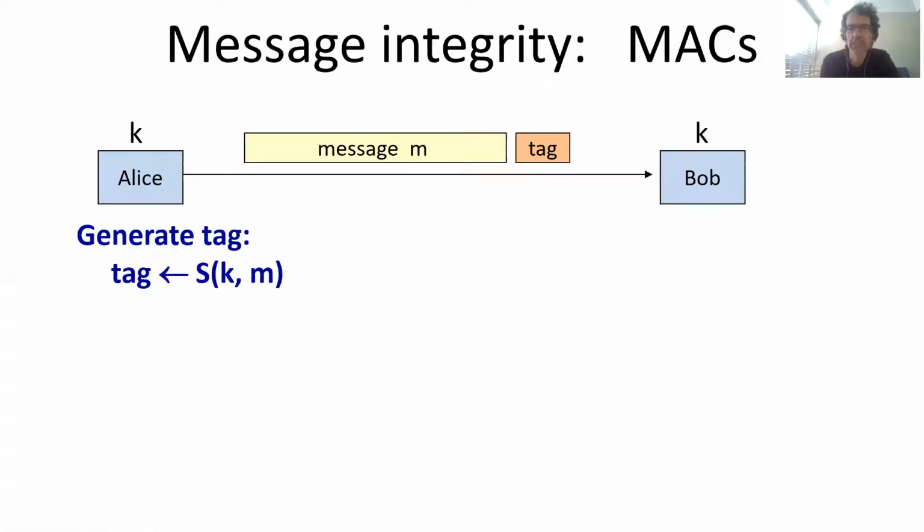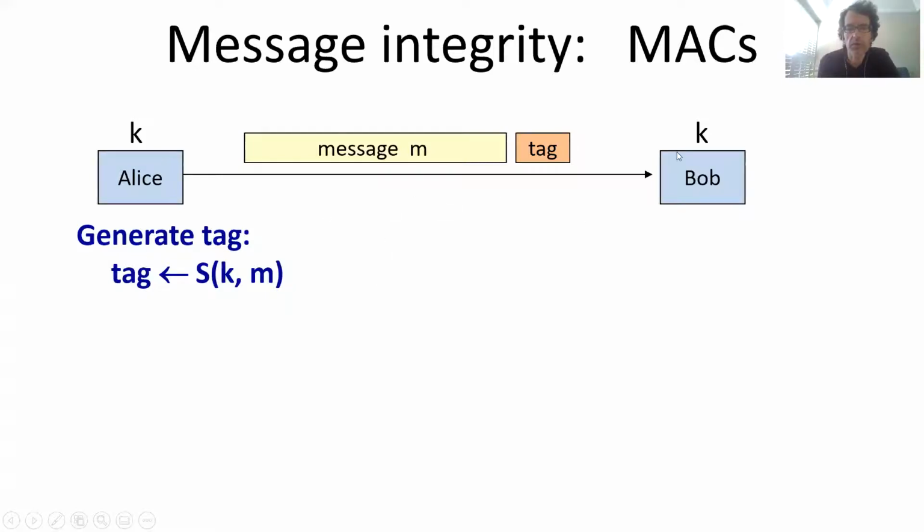It's not called a signature because signature is reserved for the public key counterpart of this. So these are called tags. Some people just call it MACs. They call the algorithm a MAC, and also this data, they call it a MAC.